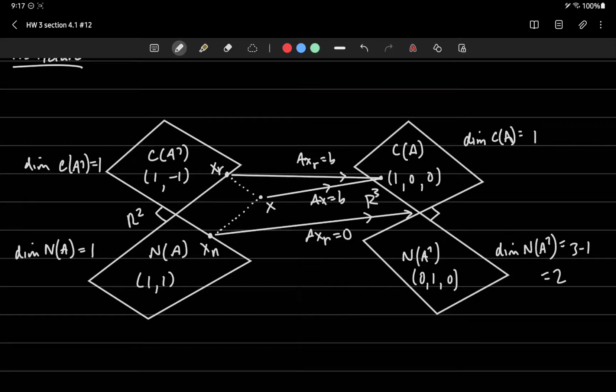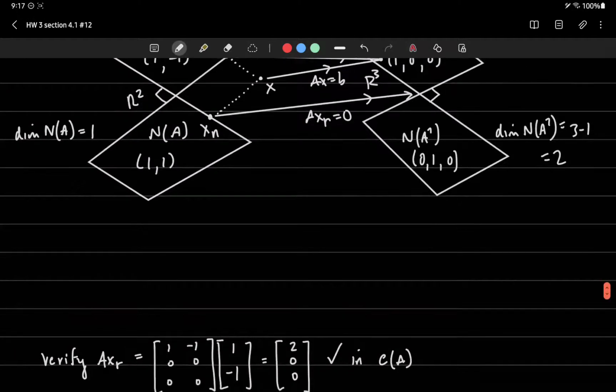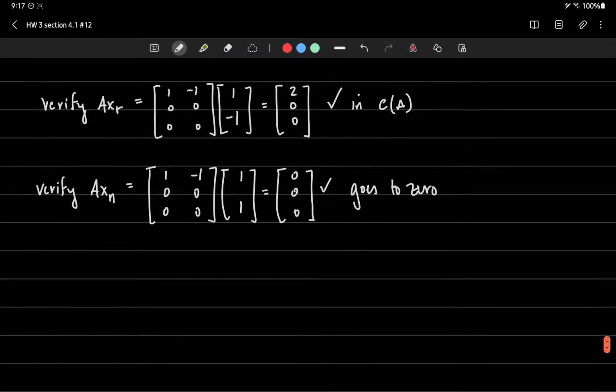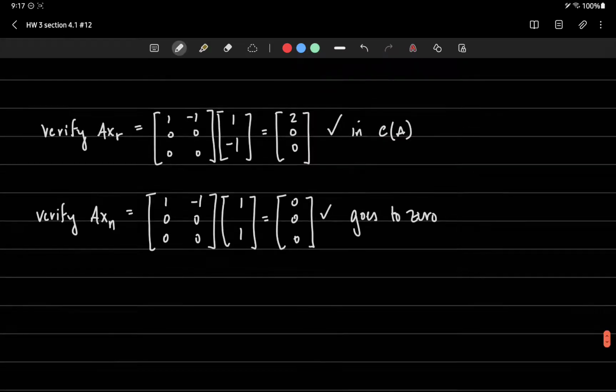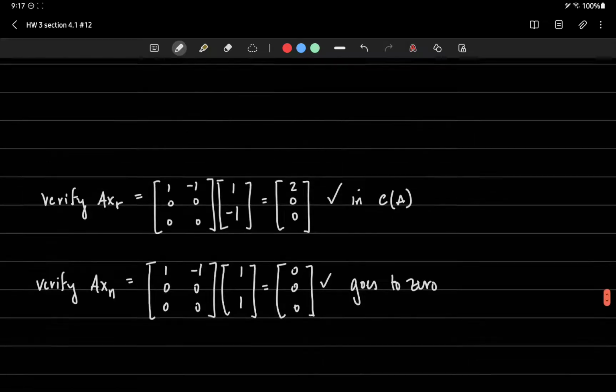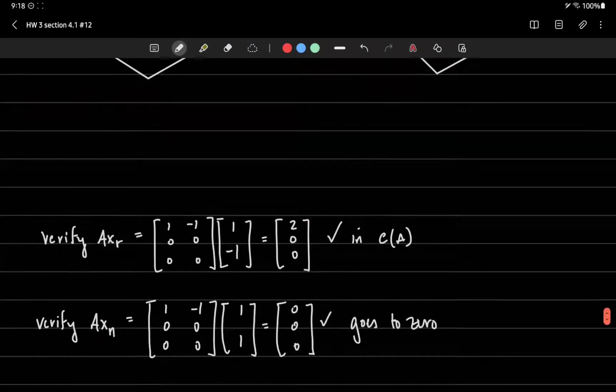And to prove that the picture is correct, you can verify by multiplying out AXR and AXN. I've done that here. You can do it yourself to check. If we multiply A times XR, we should get the vector 2, 0, 0. And if we look at the column space, 1, 0, 0 was a basis, so 2, 0, 0 would be in the column space.